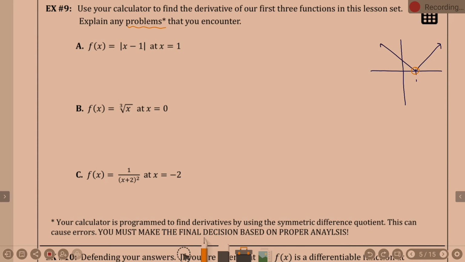Okay, so this is one of those where, what do I want to say here? Yeah, the derivative does not exist is essentially what happens here. Good job, Phil.